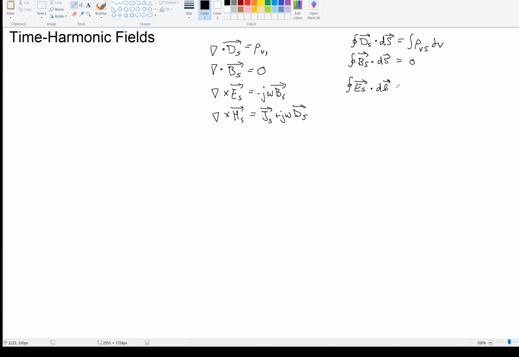Okay, we have this. Faraday's law. And Ampere's law. So here the S is a surface. The integral is taken over a surface, and then the S subscripts here represent the phasor.